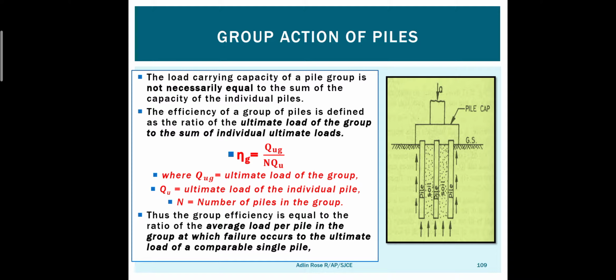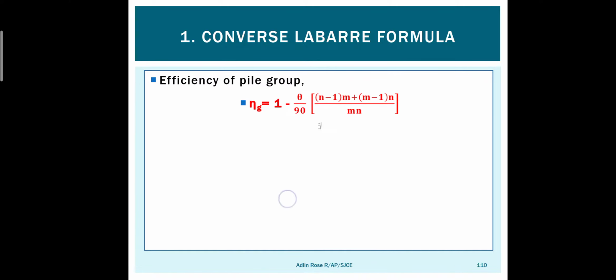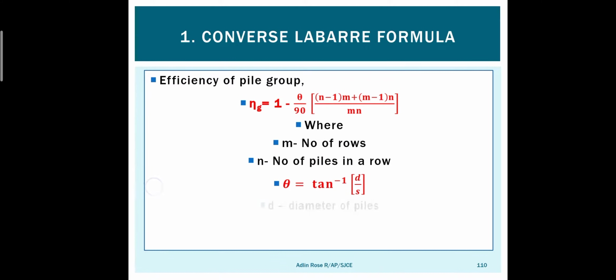We can use the single pile capacity formula from the static method we learned. If it is a clay, then it is 9 Cp Ap plus alpha C bar As. You remember that formula? We use it here to find Qu. So we know the efficiency, the number of piles, and Qu, and we can find Qu(g), the group pile capacity. So this is the theory behind the Converse-Labarre formula for finding the pile group capacity.